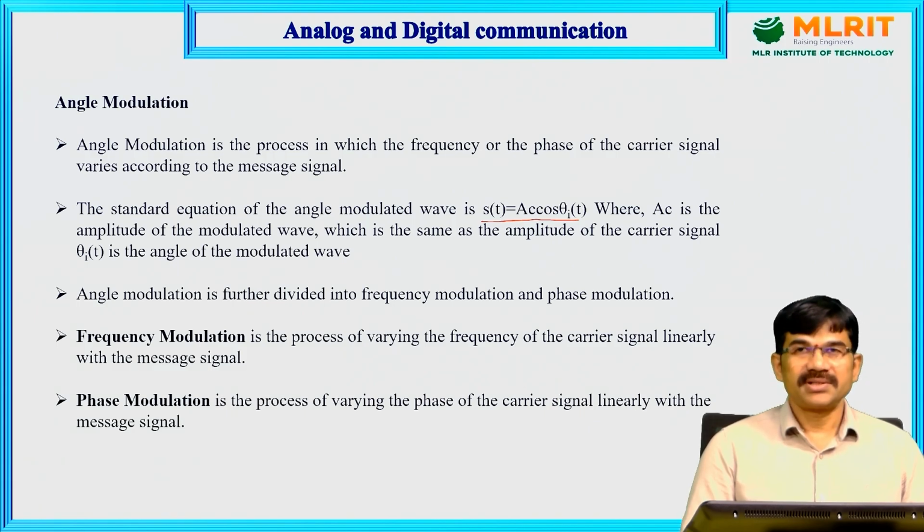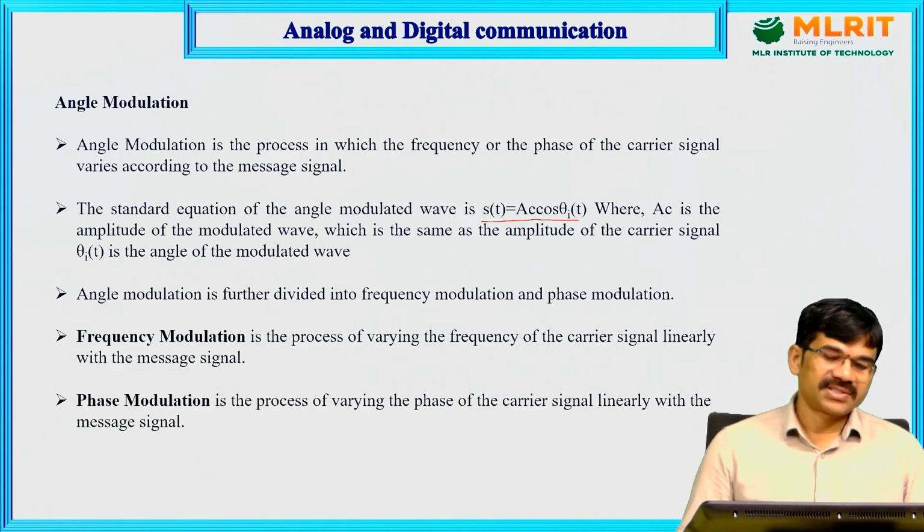The characteristics are amplitude, phase and frequency. If the frequency of the carrier changes according to the instantaneous values of the message signal, we call it frequency modulation. If the phase of the carrier changes according to the instantaneous values of the message signal, we call it phase modulation.